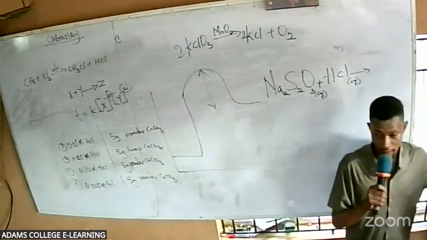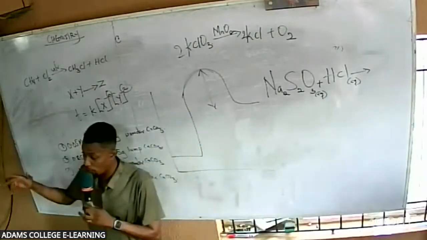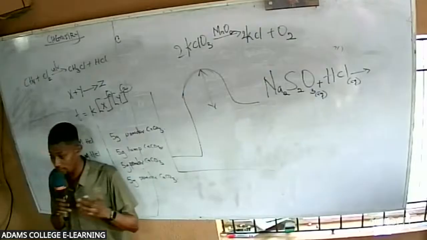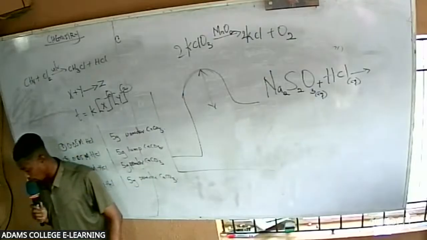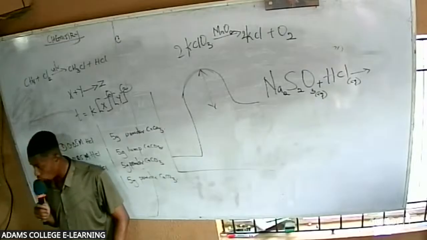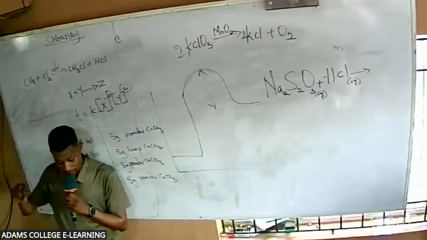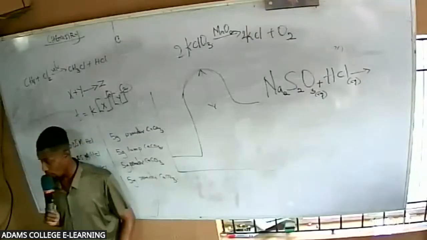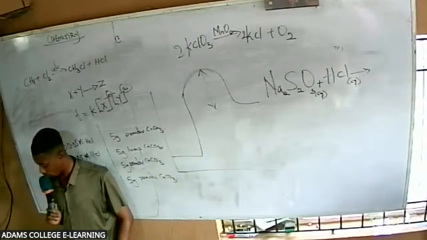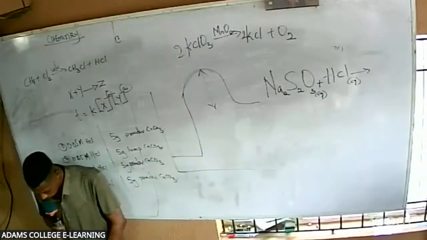So the answer there is wood, because wood is made up of cellulose, that's C6H12O6. Coal is not in combined state. How do you represent coal? We use C, carbon. It is not combined. Diamond, we also use C to represent it. So the one you have naturally in combined state is wood.